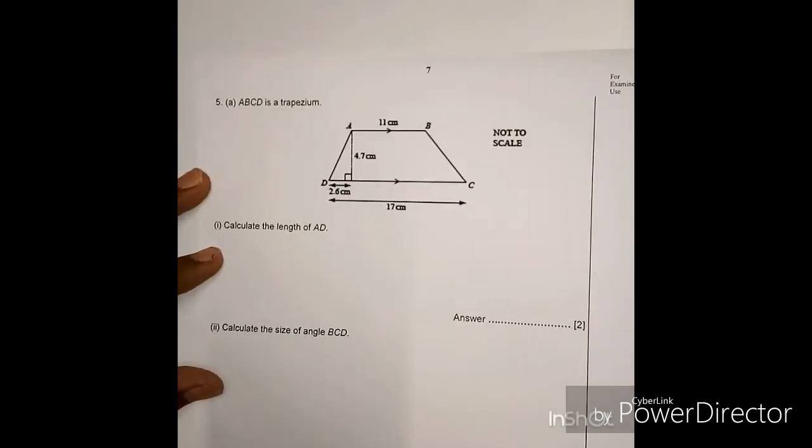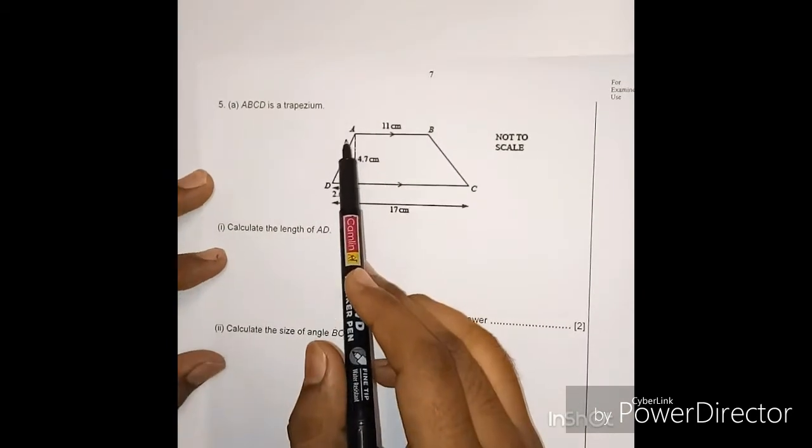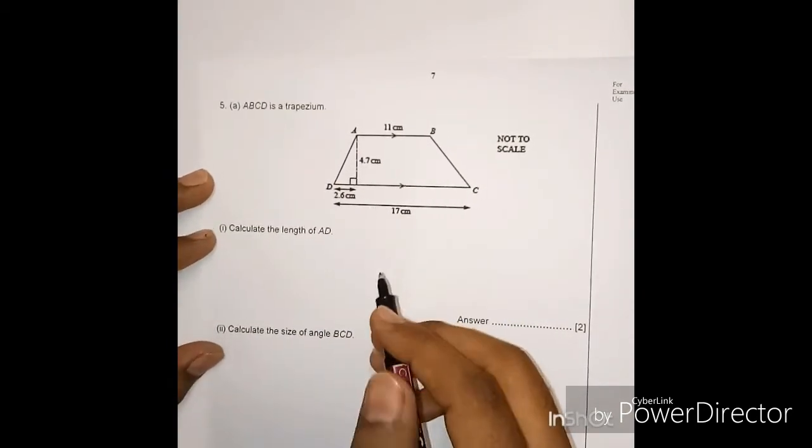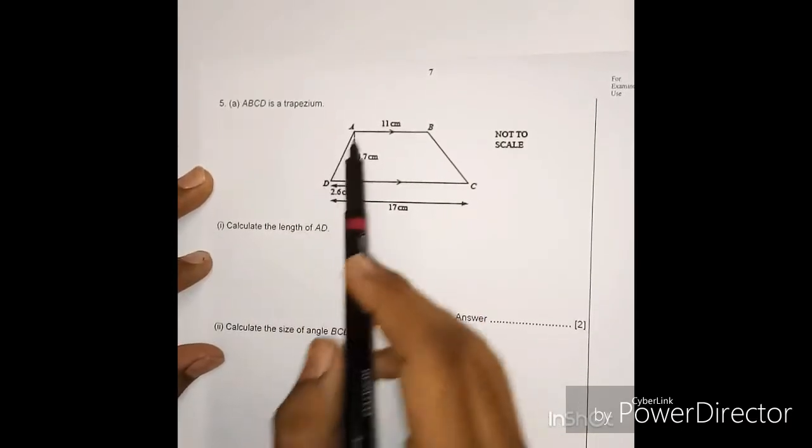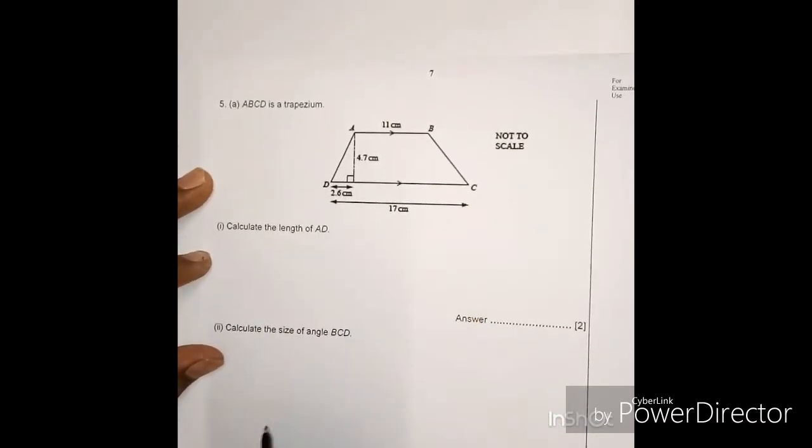Moving on to next question. Now here it is given to us that ABCD is a trapezium. We need to calculate the length of AD. Now here we can see that this is a right angle triangle.